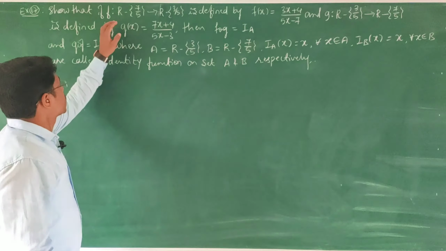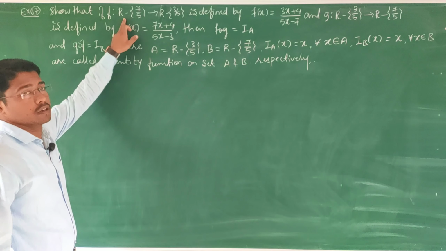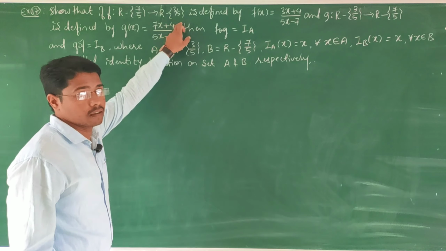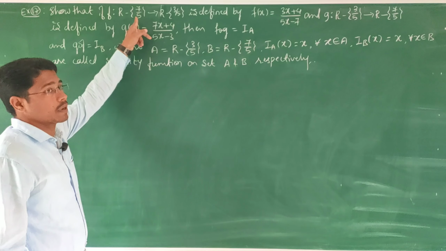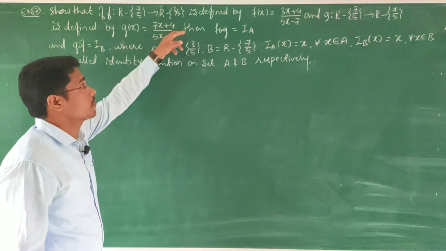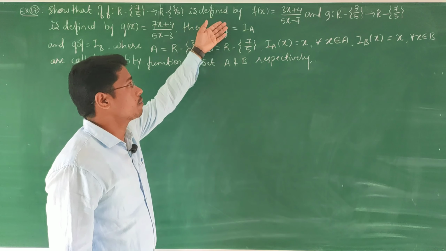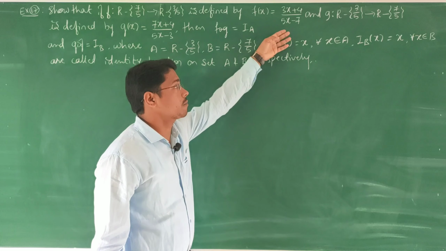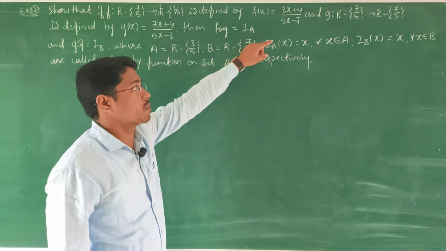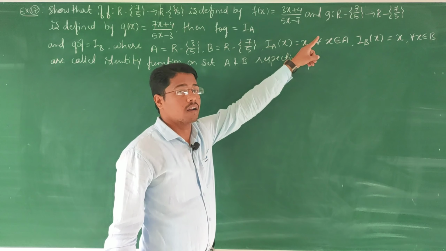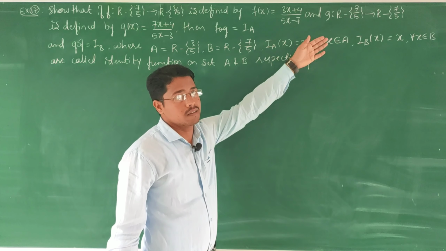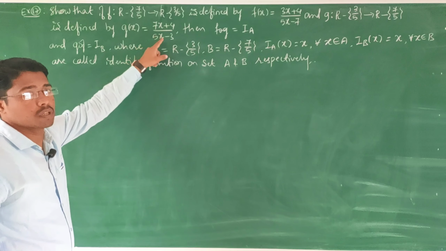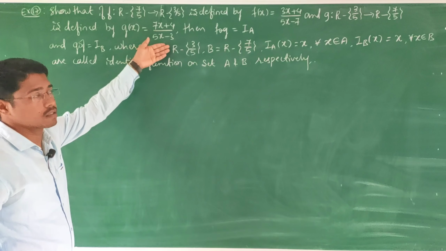Show that if f from R minus 7/5 to R minus 3/5 is defined by f(x) = (3x + 4)/(5x - 7), and one more function g from R minus 3/5 to R minus 7/5 is defined by g(x) = (7x + 4)/(5x - 3).